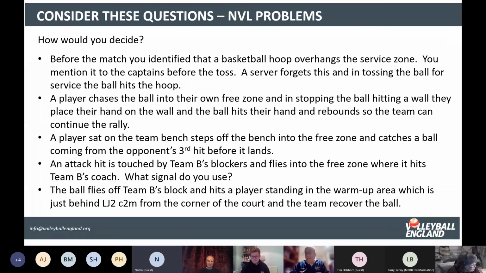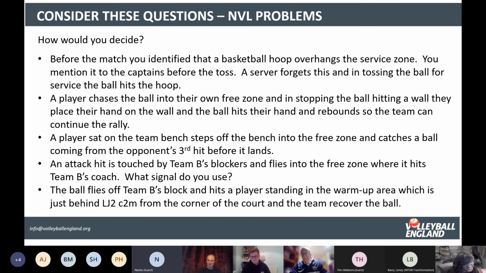So you would class that as interference. Yeah. And would you make a judgment as to whether you thought the player could have reached the ball, or would you take that into consideration? Yes. Although that's a tricky one because it depends if he had any real chances of getting to the ball.